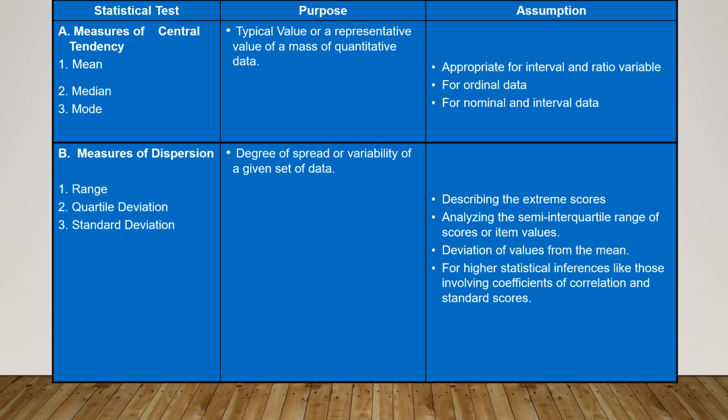The assumption for the measures of dispersion: describing the extreme scores, analyzing the semi-interquartile range of scores or item values, deviation of values from the mean, for higher statistical inferences, like those involving coefficients of correlation and standard scores.